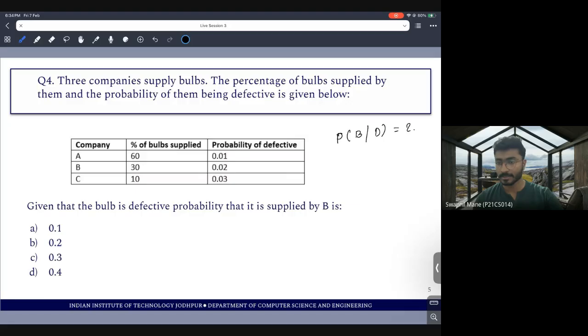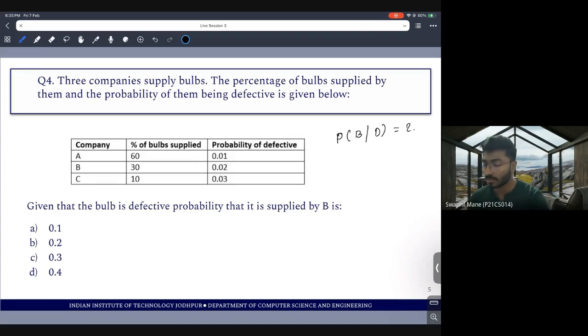Anyone has got the answer? Okay, let it be. I will try to solve this question.